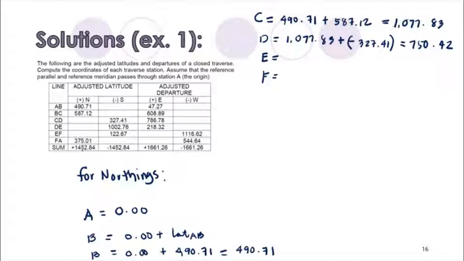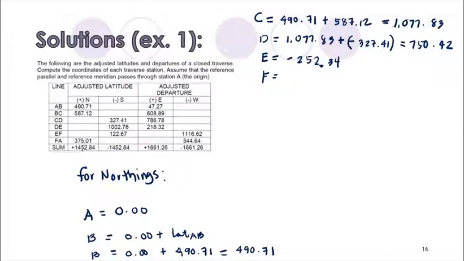So E therefore is equal to this amount, 750.42, and then that is DE, it's minus 1002.76, and you have here a negative, no? Negative 252.34, okay?